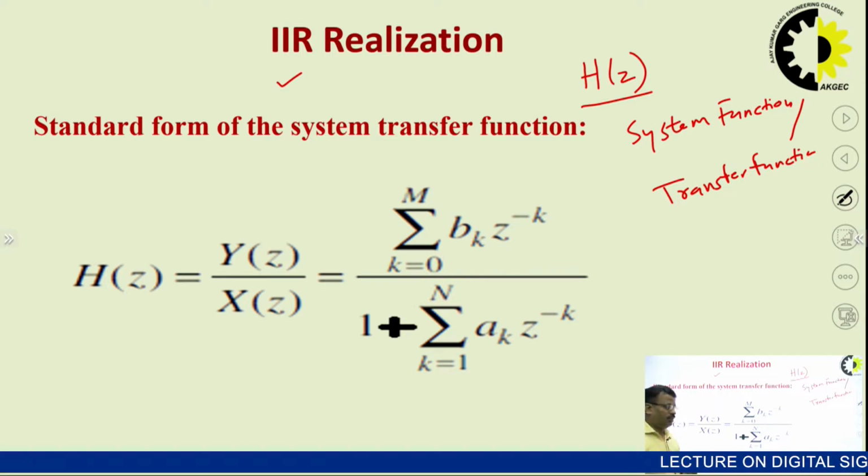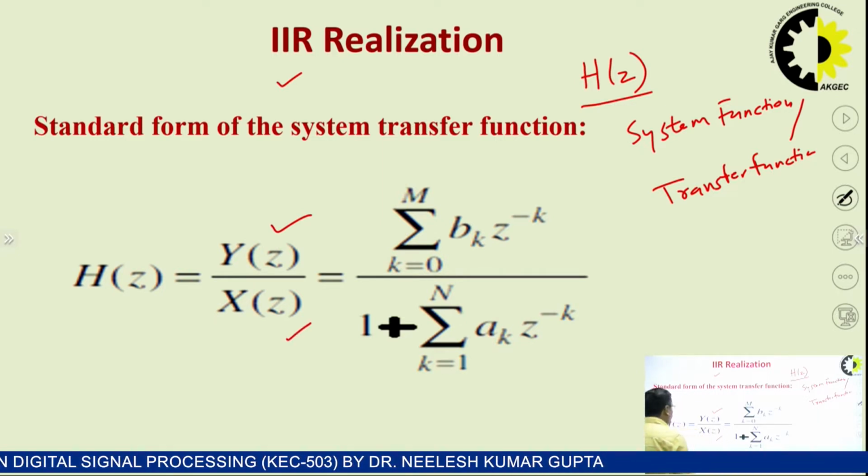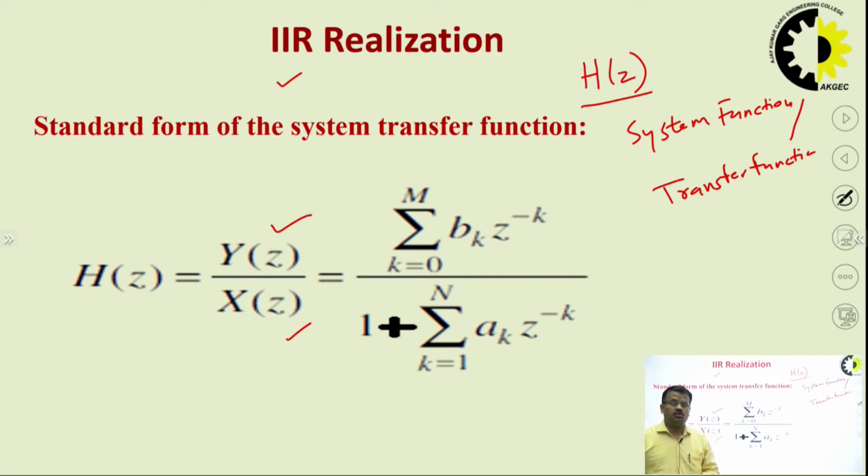It is Y(z) by X(z). It means if you have to define your system function or transfer function, you can define it as the ratio of the z transform of the output signal to the z transform of the input signal. And this is the standard equation of the IIR digital filter.